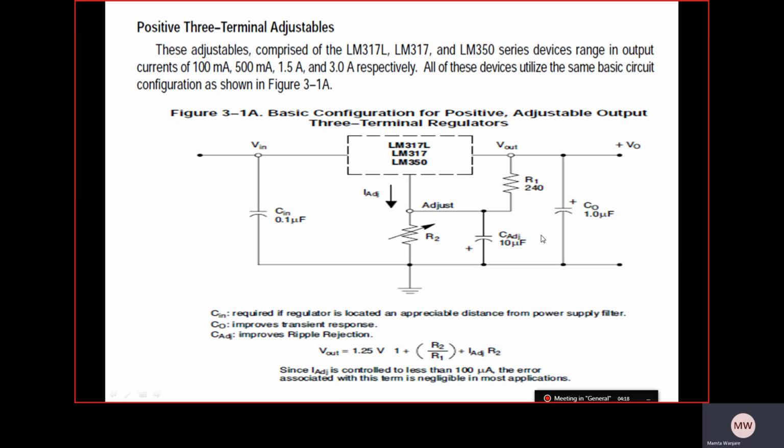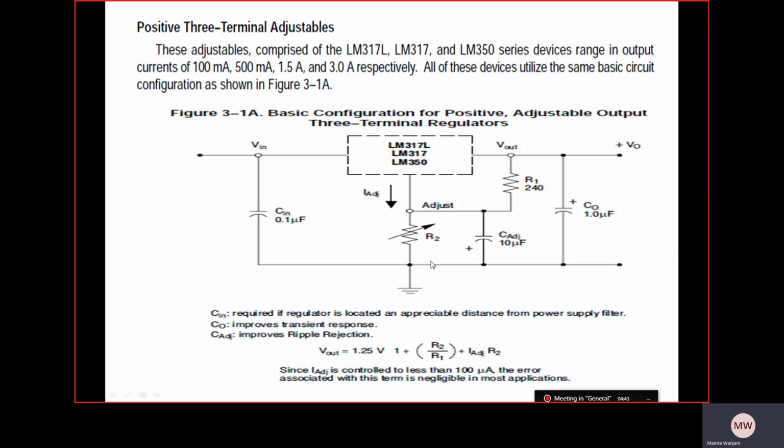There are two capacitors connected, an input capacitor as well as an output capacitor. The input capacitor is required if the regulator is located an appreciable distance from the power supply filter, and the output capacitor, connected to the output side, improves transient response.